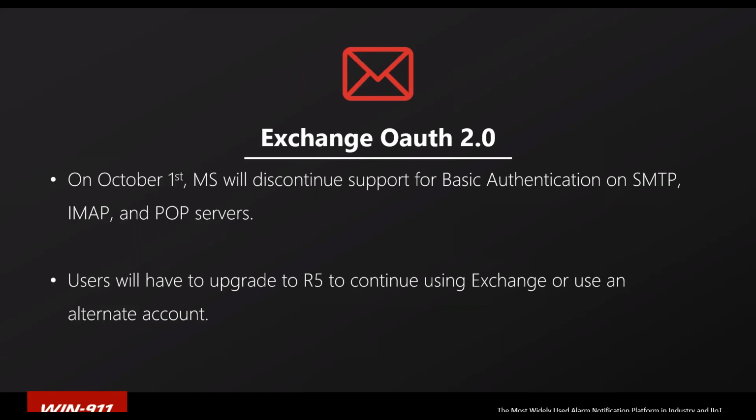So if you didn't want to use your Exchange account anymore because you didn't upgrade, then you can use a Gmail account and set up an app password, or use some other email provider. But for Exchange, we are implementing OAuth support in R5, so you'll be able to keep using Exchange if you upgrade. Okay, so let's do a demo.